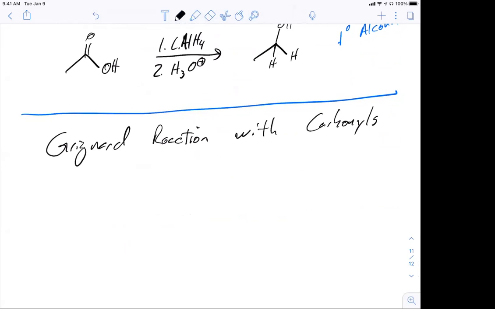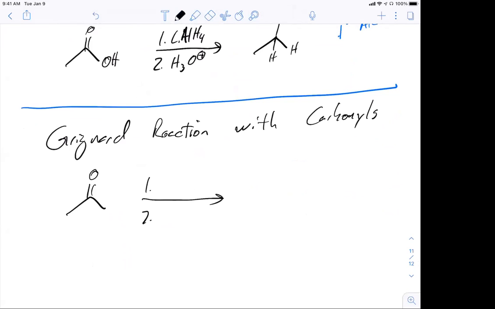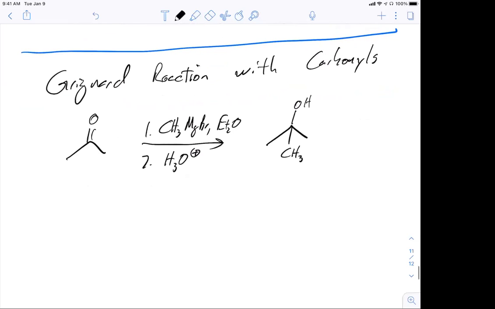So Grignard reactions with carbonyls. Okay, so this reagent, when we have an R group with a magnesium and a bromide, that's known as a Grignard reagent.